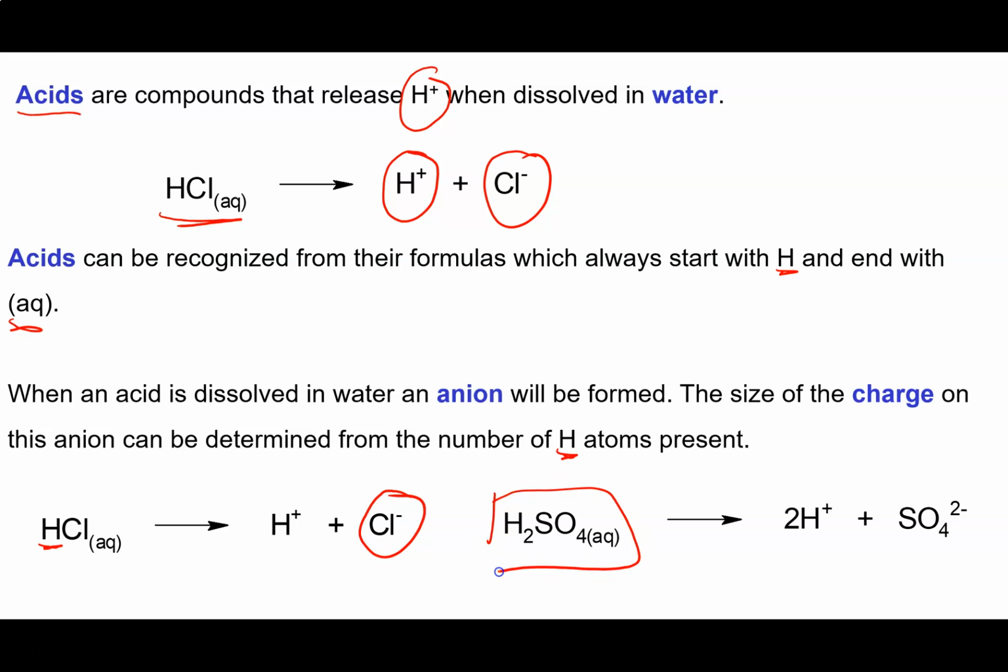In the formula of this acid, sulfuric acid, we have 2 hydrogen atoms present, so the charge on the anion formed will be a 2 minus. This can be helpful in trying to identify the name of the anion that is formed when the acid is dissolved in water.